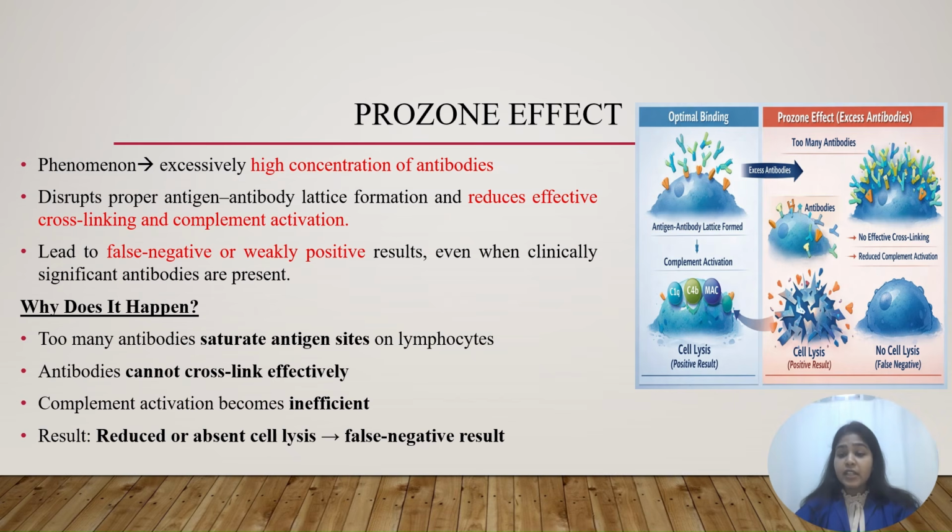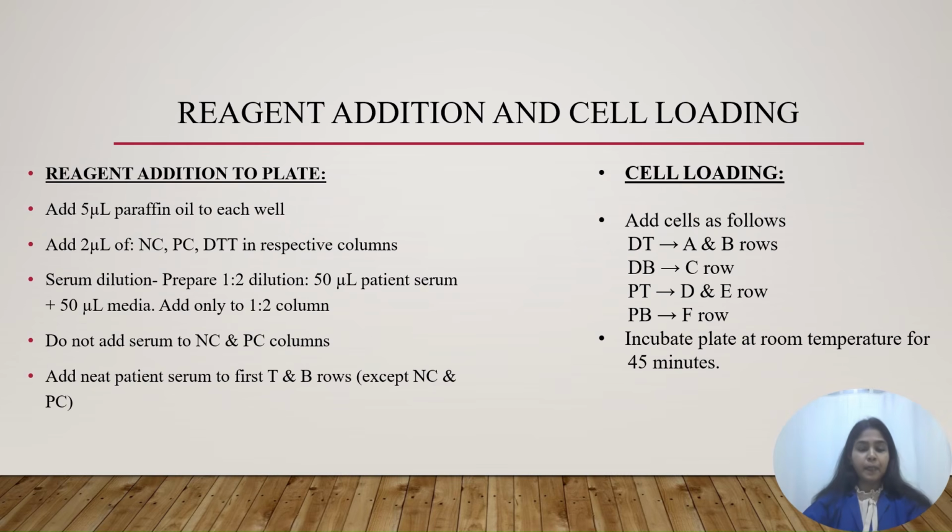No effective cross-linking will take place and C1q binding will not occur. Due to this, the complement cascade will not get activated, and eventually it will lead to no cell lysis. That is why we need to rule out this prozone effect.